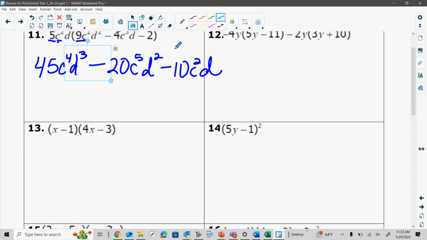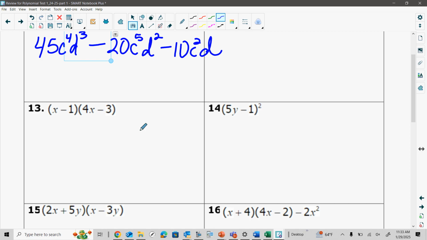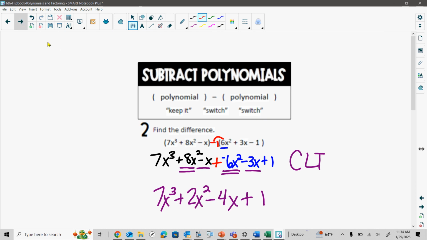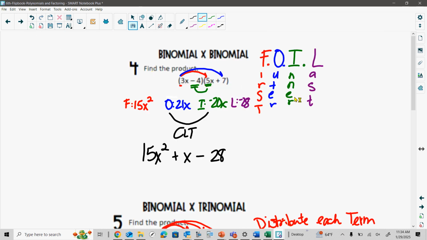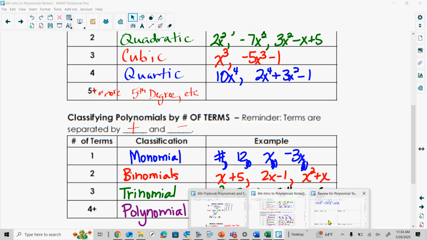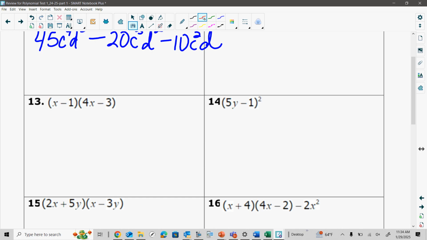Maybe you forgot the exponent rule, but this number 13 through 16, back to that flip book. This is when we did multiplication of binomials, to FOIL. First, outer, inner, last. I'm going to do one with you, and then I need you to kind of do your own and check your understanding on quizzes. So x, that's the first terms. Okay, I'm just going to F for first. So that is 4x, oh sorry, 4x squared.